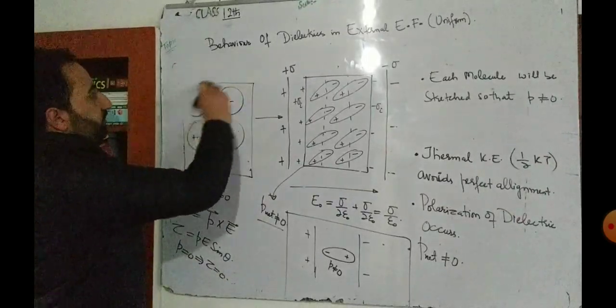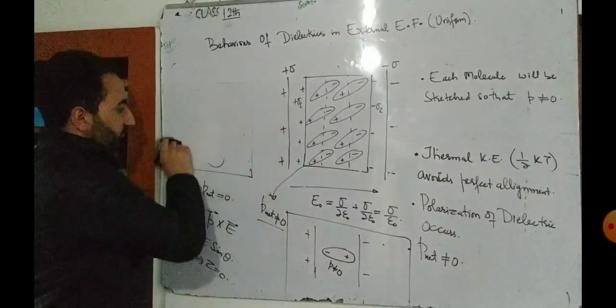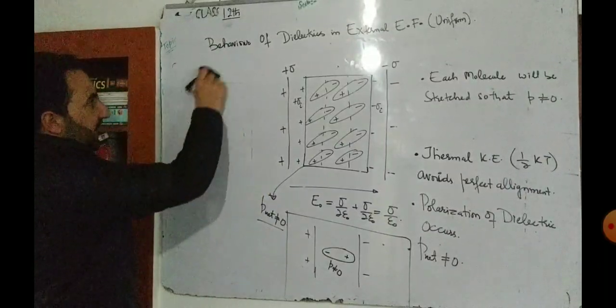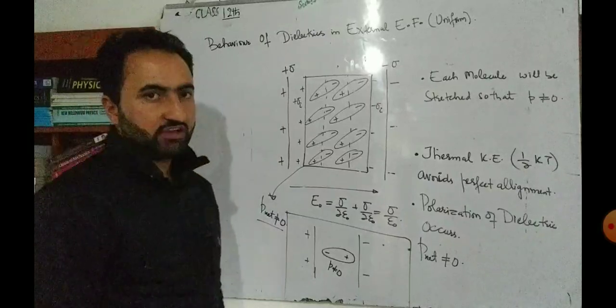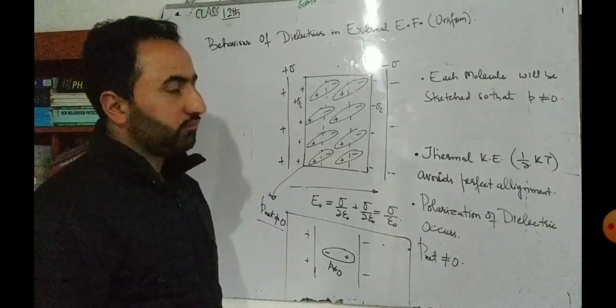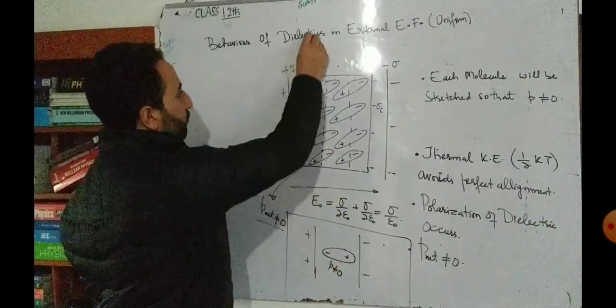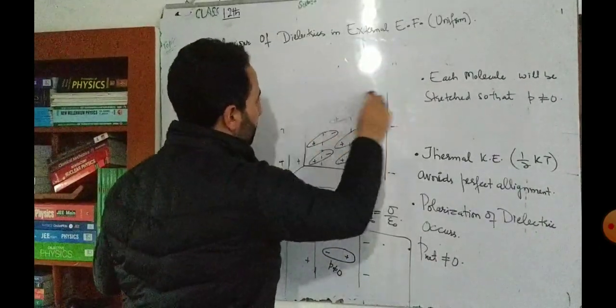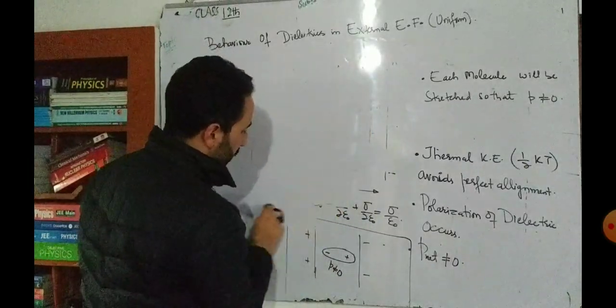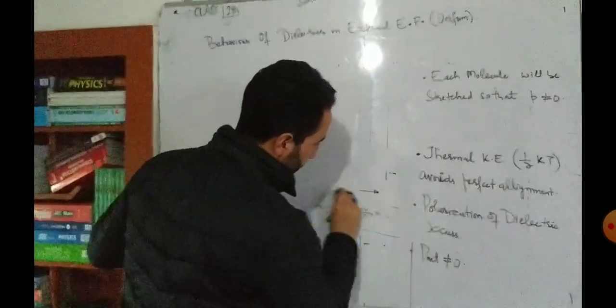So again I will rub this off. The important point is that whenever a dielectric is placed in a region of uniform electric field, polarization of the dielectric occurs, and the net dipole moment of the dielectric will not be equal to 0. As simple as that. Now concentrate on this.